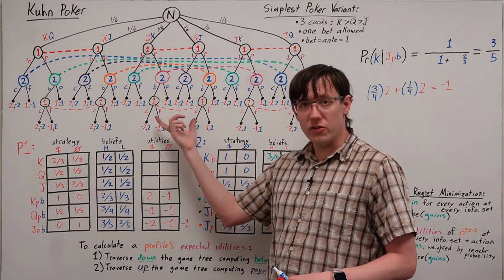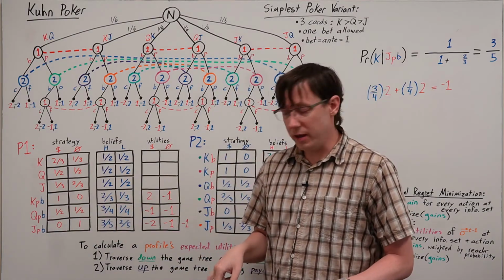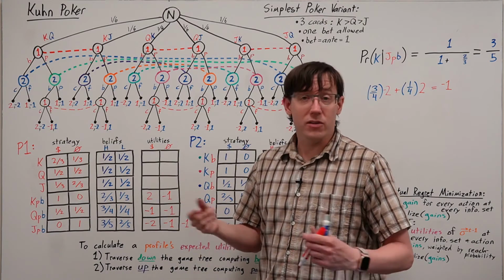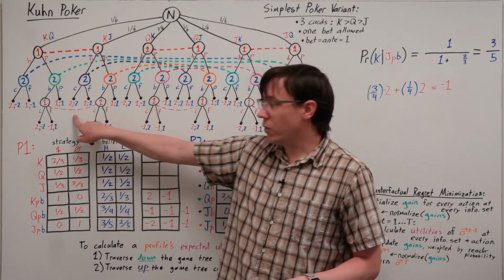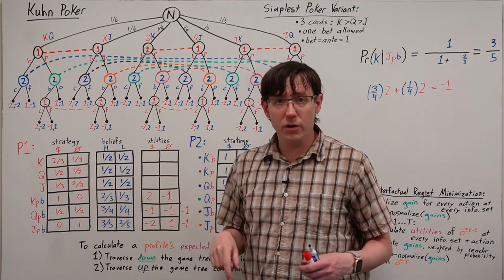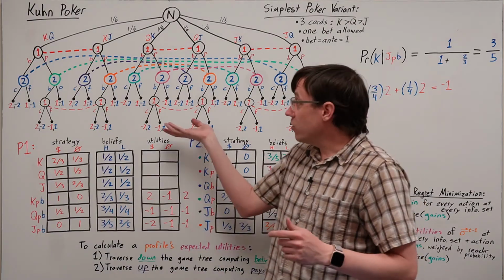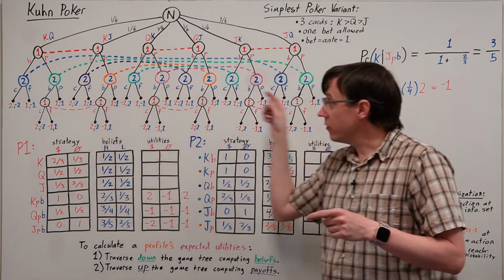At the information set where player 1 has a queen, their strategy says to randomize, but they get -1 either way, and so that's their expected utility. And at the information set where player 1 has a king, their strategy says to always call, which gets them a utility of 2.